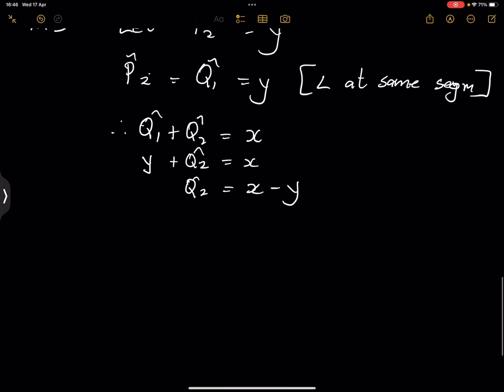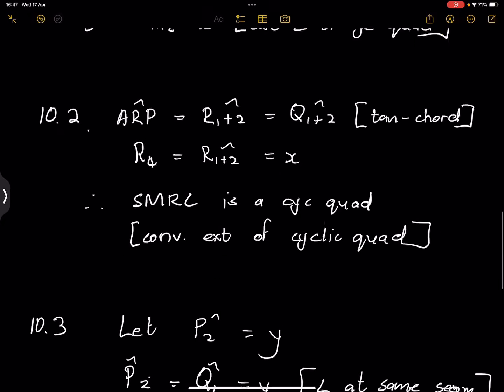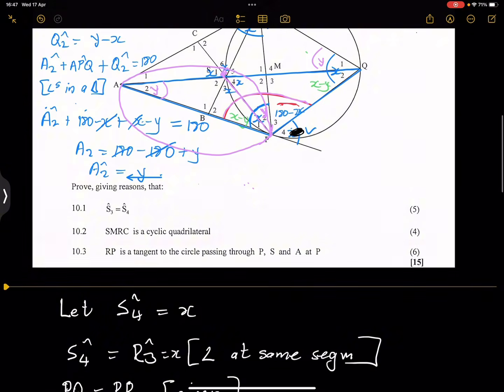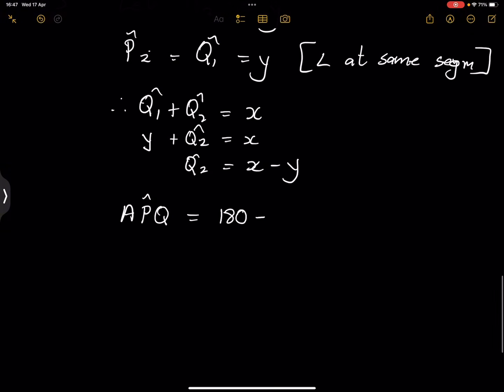So APQ is equal to 180 minus angle P4, and therefore it's 180 minus x.